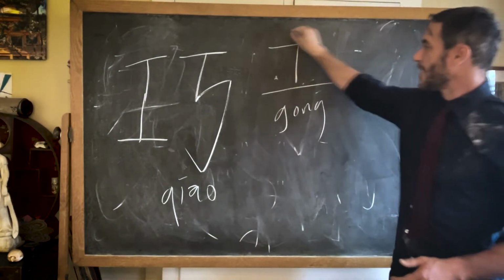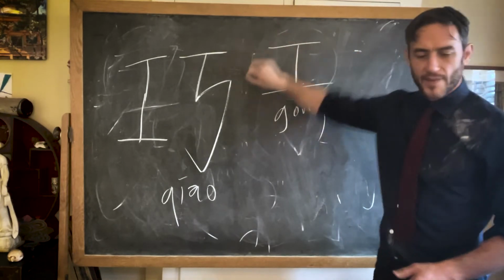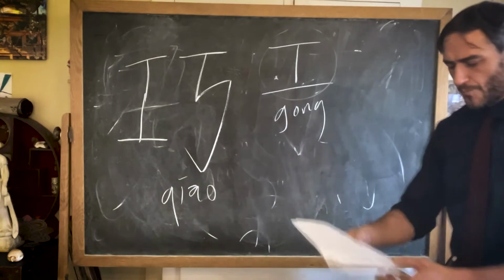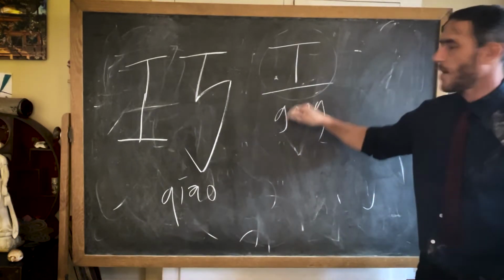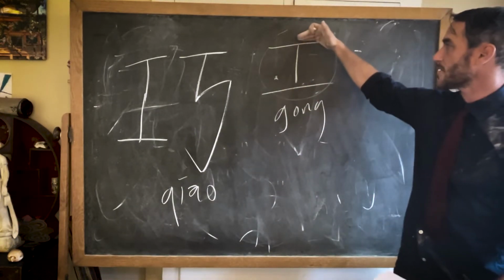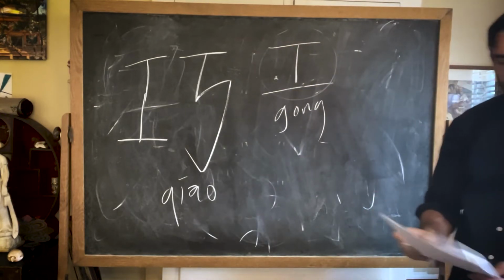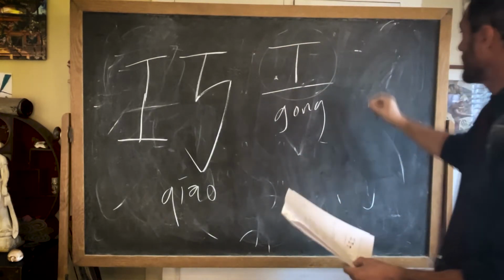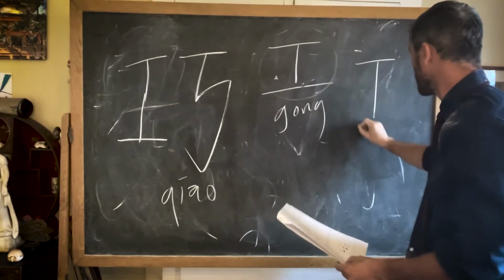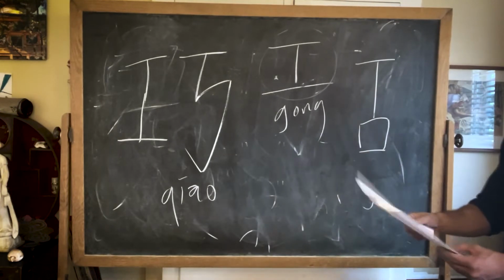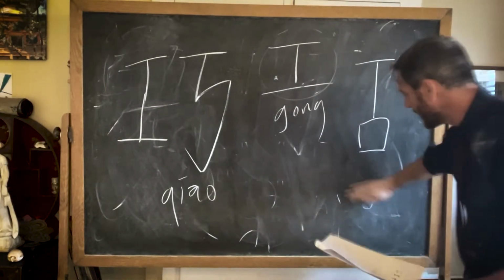And the etymology of it is interesting to me. Sometimes people have said it represents heaven and earth and connecting the two together. But if you go back to the oracle bones, it was actually written something like this. Also, it was written like this.